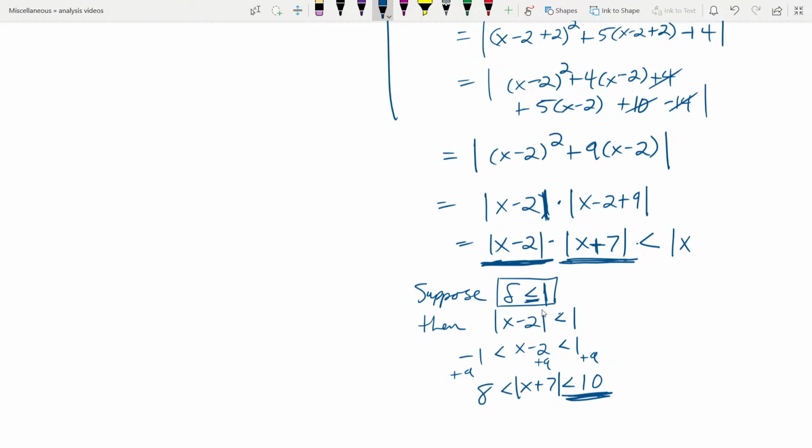But anyway, this is going to be less than |x − 2| times 10.